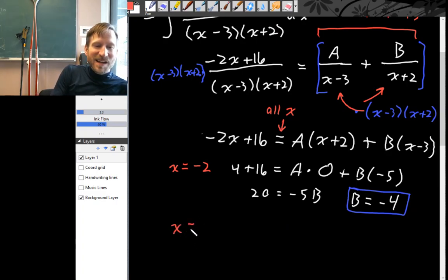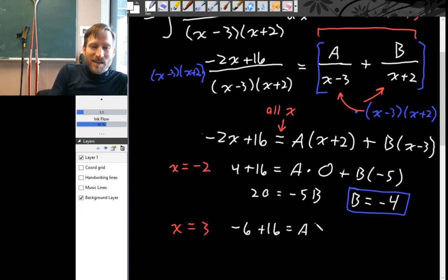Well, that worked so well, let's do it again, but with a different x value. This time let's pick an x value that makes the other part 0. How about x equals 3? We get negative 2 times 3, that's negative 6, plus 16 equals A times 3 plus 2, which is 5, plus B times 0.